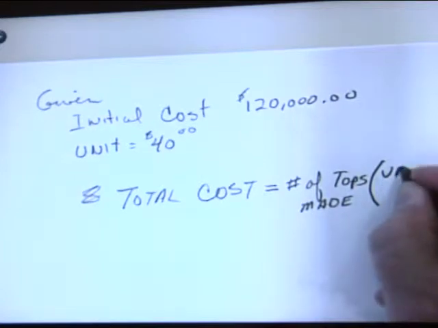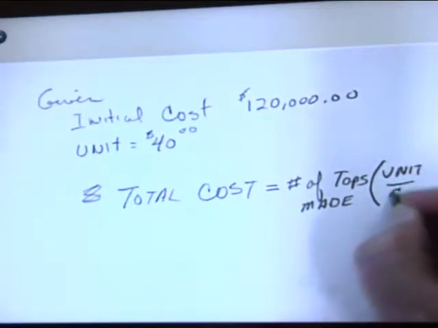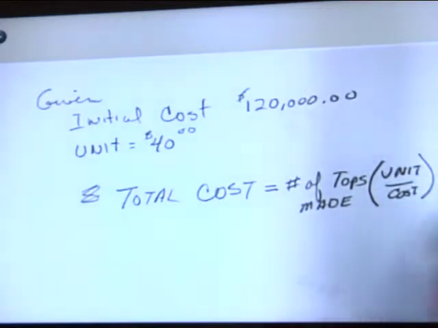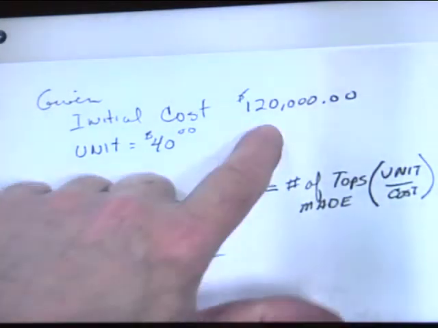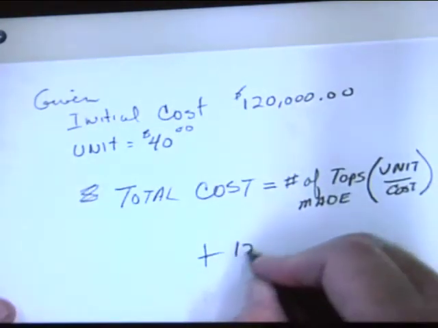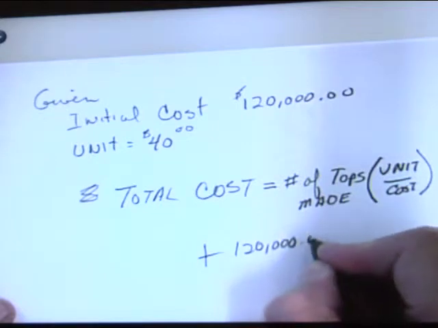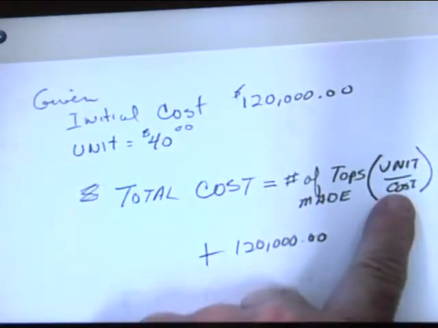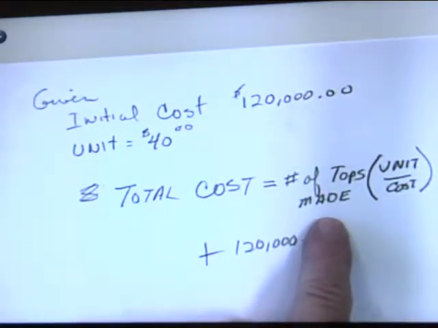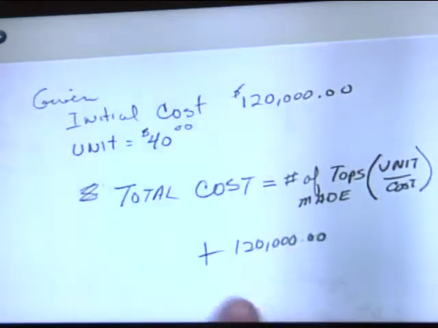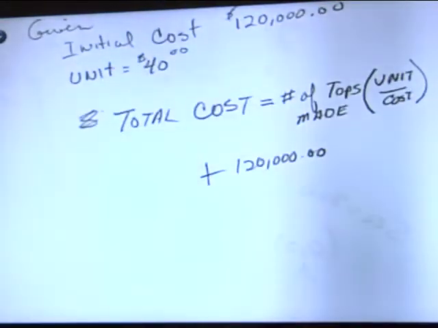I'm going to write it out, and I'll put the numbers in a minute. Plus what we paid for the building. We're not going to multiply that by the number of tops we make, because we don't have to buy the building each time we make a top. But we have to buy the building initially, so we add that. All right, so that's our formula.